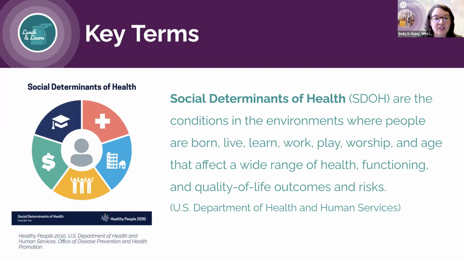The graphic on the left shows the 5 main domains of social determinants of health, which are economic stability, education access and quality, healthcare access and quality, neighborhood and built environment, and social and community context. And that can relate to things like discrimination or community belongingness. Social determinants of health can determine the level of health equity or inequity in a given community.